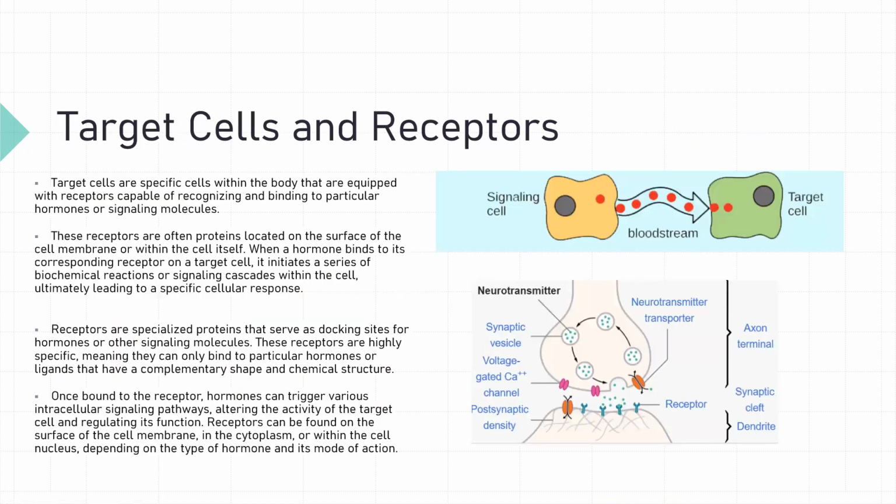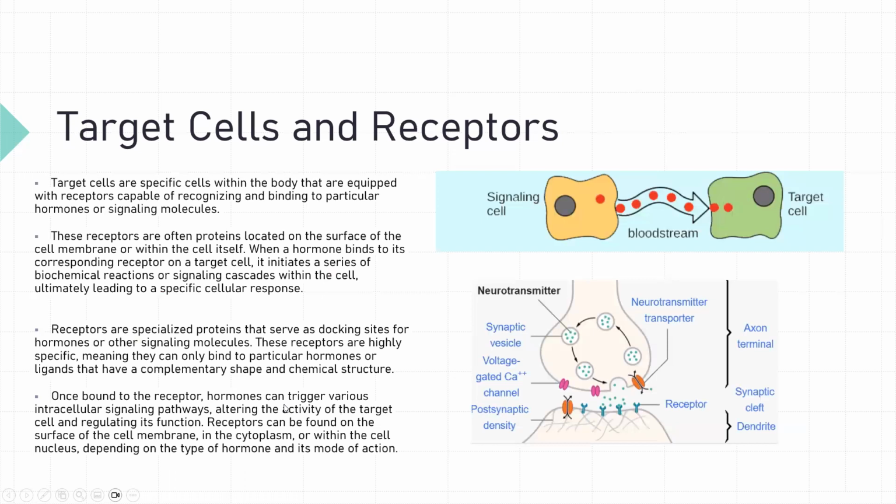Target cells and the receptors. Target cells are specific cells within the body that are equipped with receptors capable of recognizing and binding to particular hormones or signaling molecules. This is the signaling cell producing the hormone, which will enter the bloodstream and be carried to the target cell.